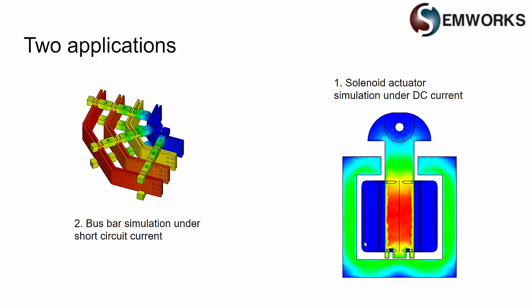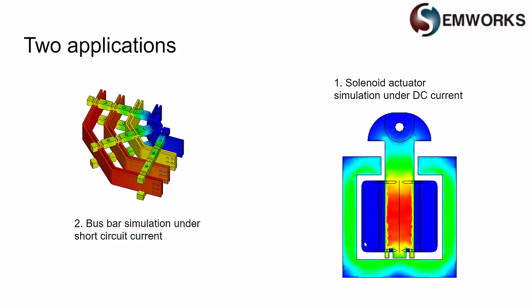Now let us take a look at the applications that we will be covering in this technical portion of the webinar. We will actually talk about two applications pertaining to the magnetic solvers in EMS for Inventor. As a first application, we will consider a solenoid actuator under DC current.